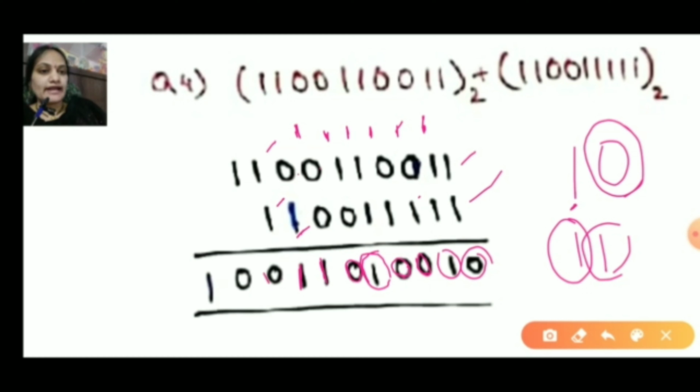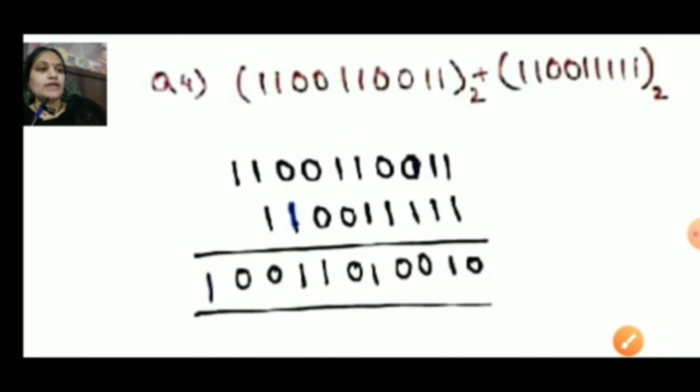You have to write 0 here and 1 here. Here we are getting 2 ones. 1 plus 1 is 1 0. That's why we have written 1 0 here. Okay. Like this you have to do all the problems.